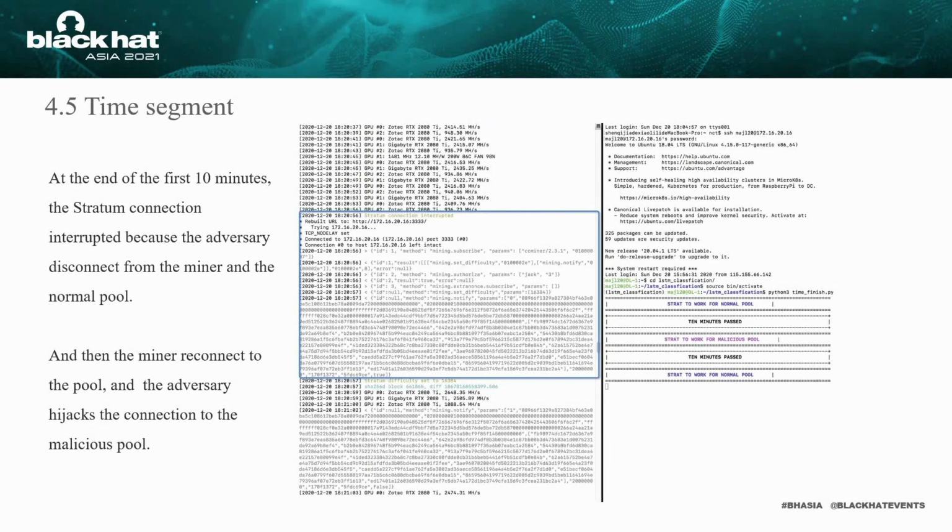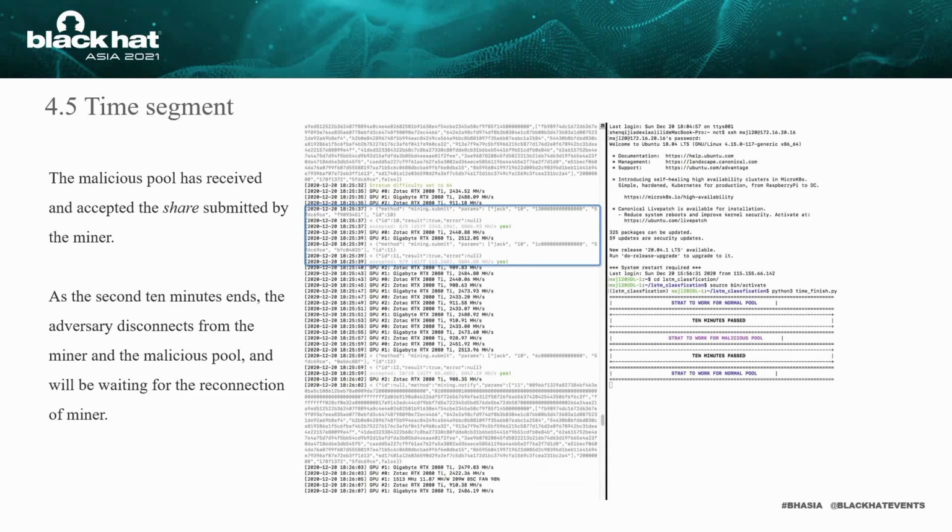We can see, 10 minutes passed, start to the malicious pool, and 10 minutes pass and start to the normal pool. It's round, round, and round. The malicious pool has received and accepted shares submitted by the miner.